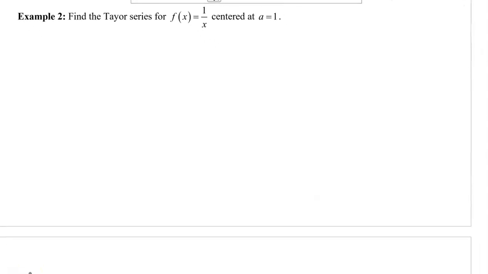Example 2, find the Taylor series for f of x equals 1 over x centered at a equals 1. So once again, we're going to go ahead and take repeated derivatives, starting with our function f of x. And that will look something like this.